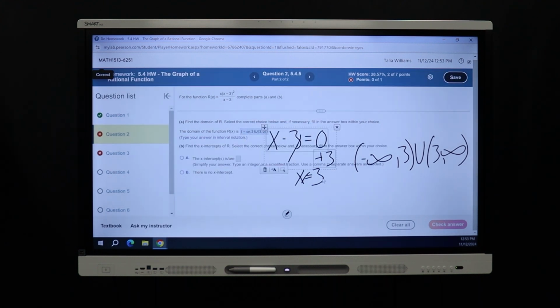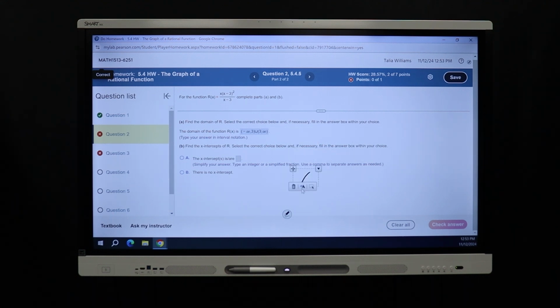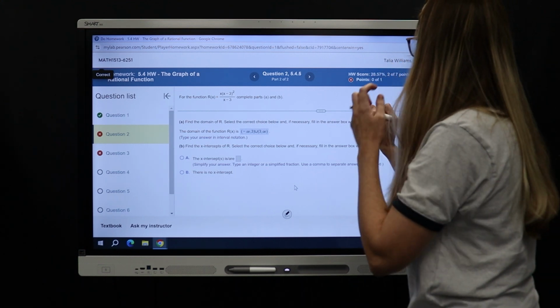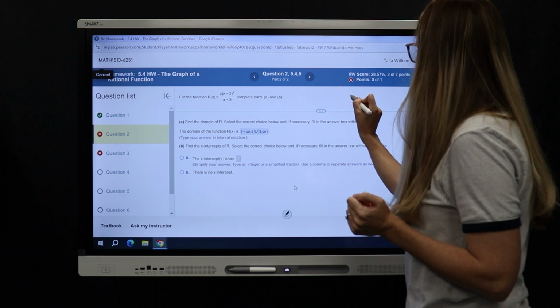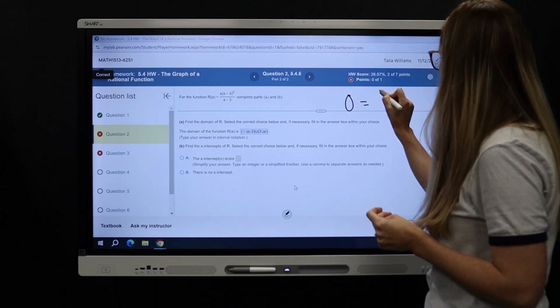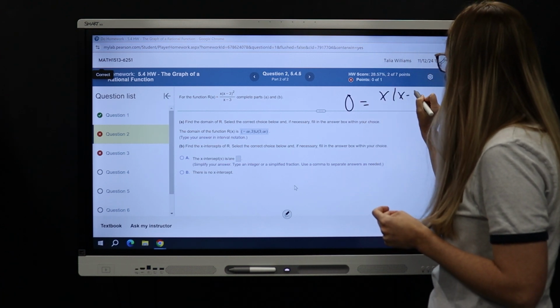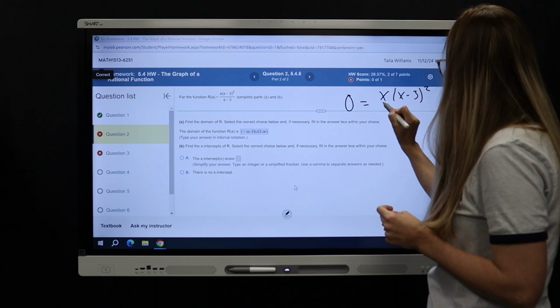The x-intercepts, so when we solve for our x-intercept, we set y equal to 0. So we'd have 0 equals, and I'll set it up to the whole thing real quick instead of short-terming it.